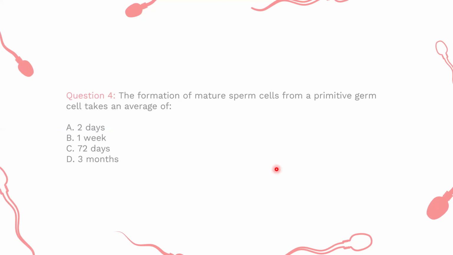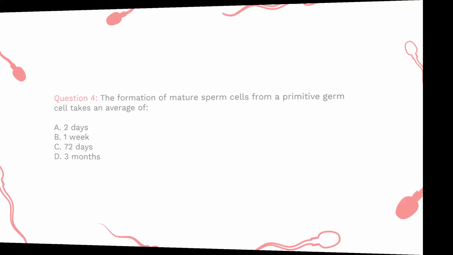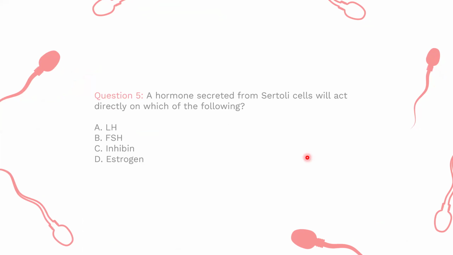Our next question is the formation of mature sperm cells from a primitive germ cell takes an average of, this is pure recall, this is C, 72 days approximately, 72 to 74 days. Next question, a hormone secreted from Sertoli cells will act directly on which of the following?